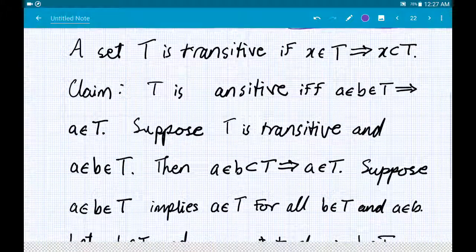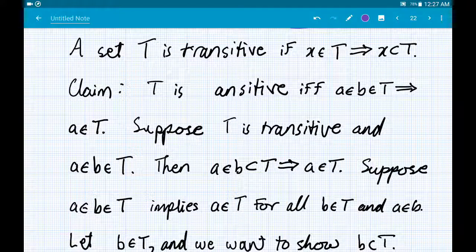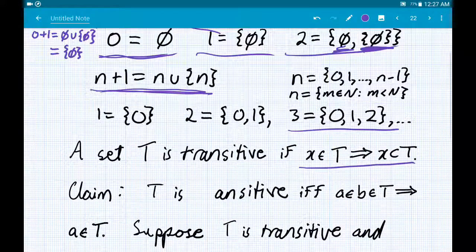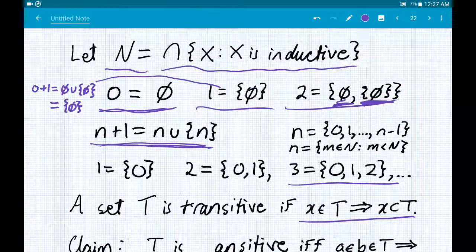Okay, before moving on to the proof, we need to know what a transitive set is. A set is called transitive if being a member implies being a subset, which typically in normal set theory and undergraduate set theory is a weird thing to say. Elements are typically not subsets. But in fact, here they are.